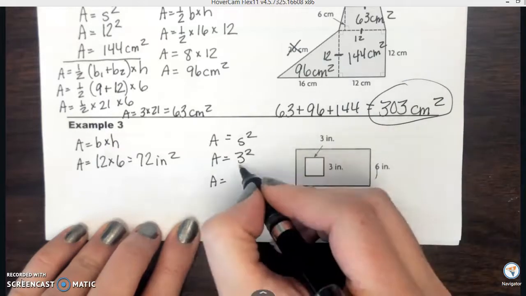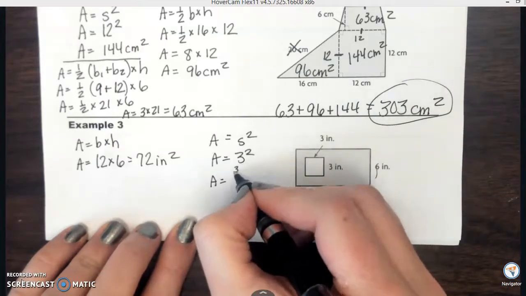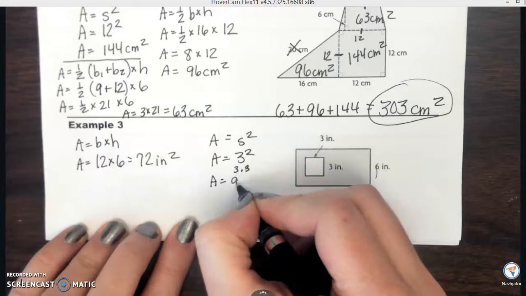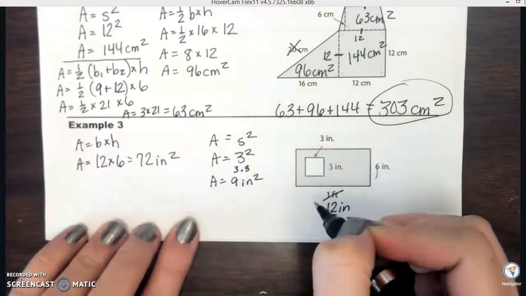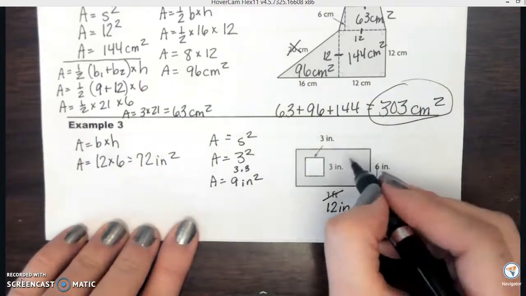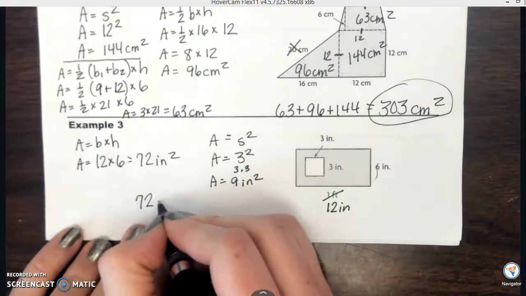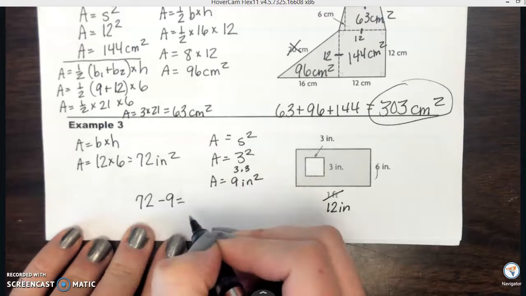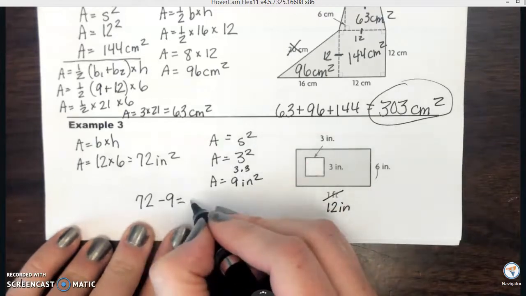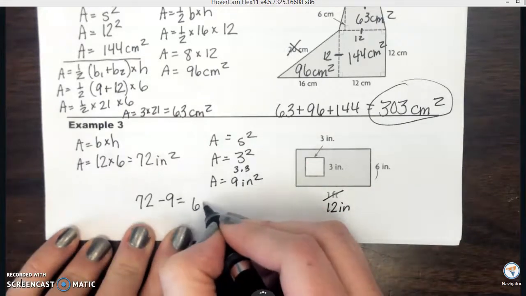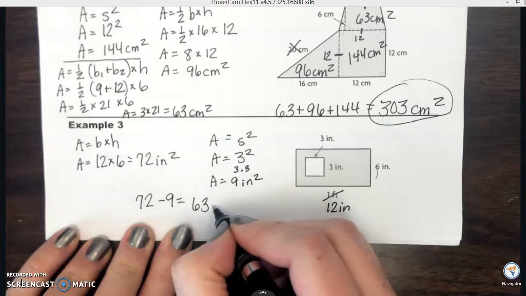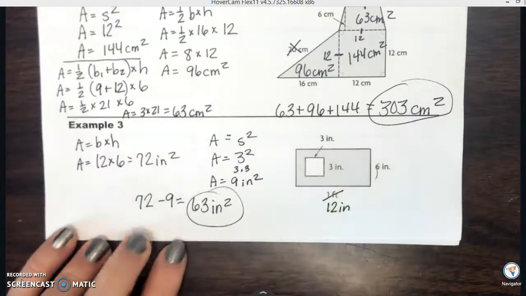And remember, 3 squared means 3 times 3. So this is going to be 9 inches squared. So to get my area for the shaded part, we're going to take that 72 and subtract 9. That's going to give me 63 inches squared for my answer.